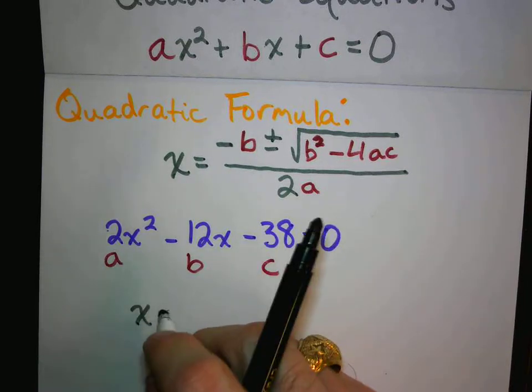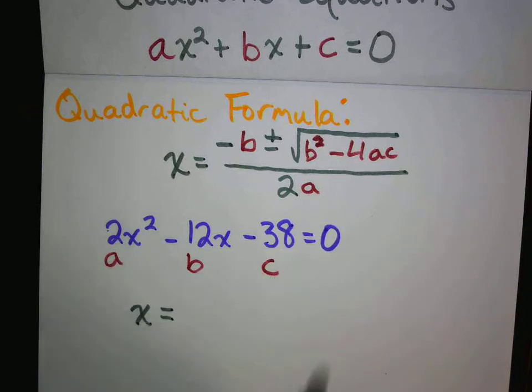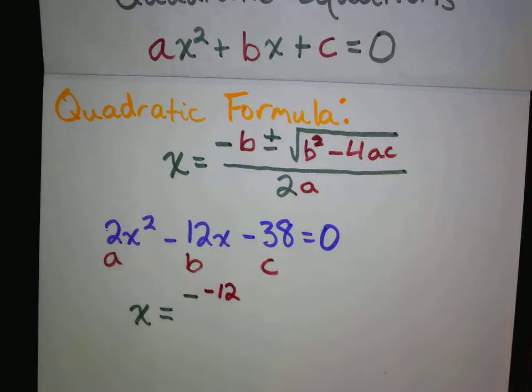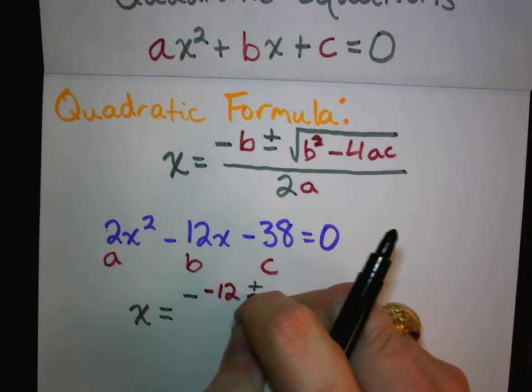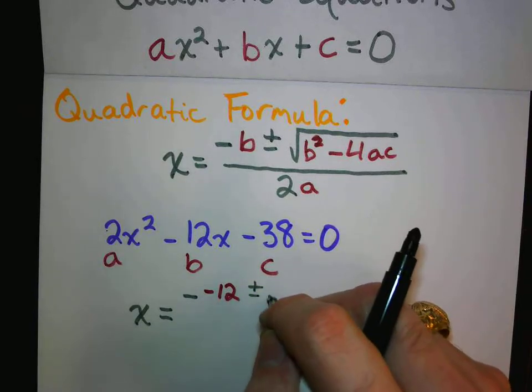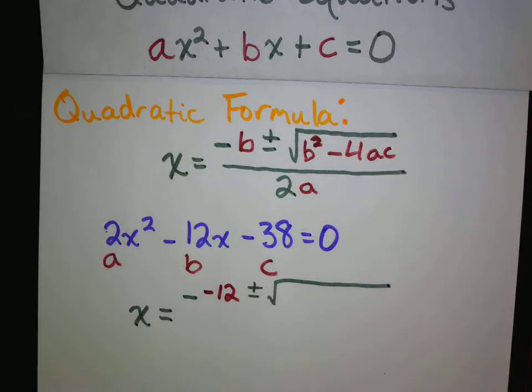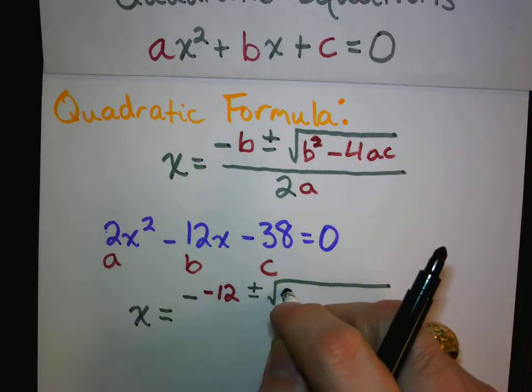So the formula says x equals negative b. Well, we just said b was negative 12. And then plus or minus the square root of b squared. Now be careful here.